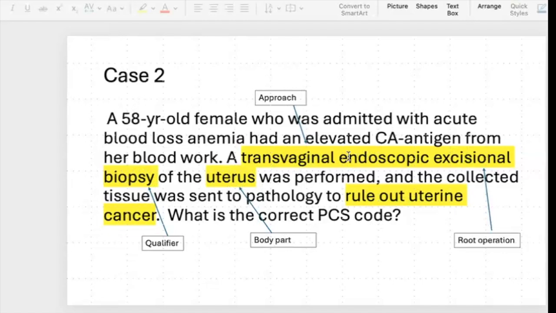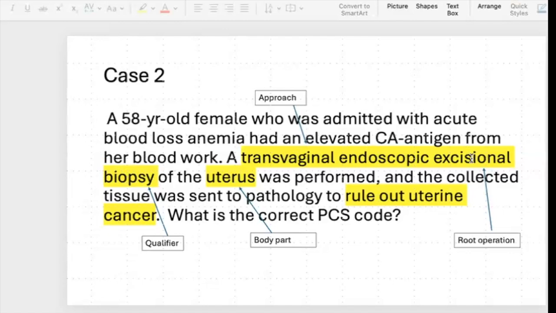That is endoscopic via natural opening, right? And your qualifier, this is a biopsy. How are we going to code it? What is your root operation? Obviously, your root operation is excision. So let's go to excision. Everybody do that.